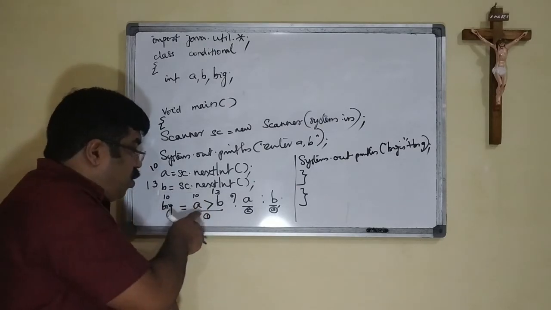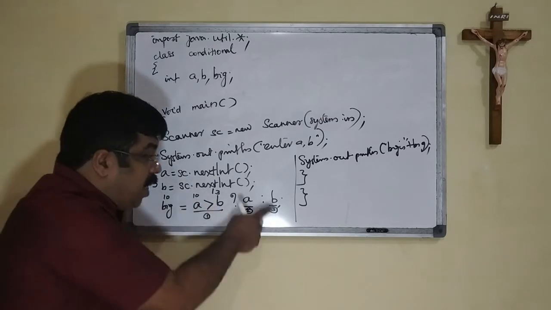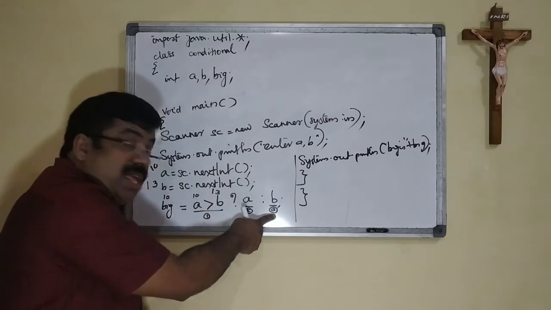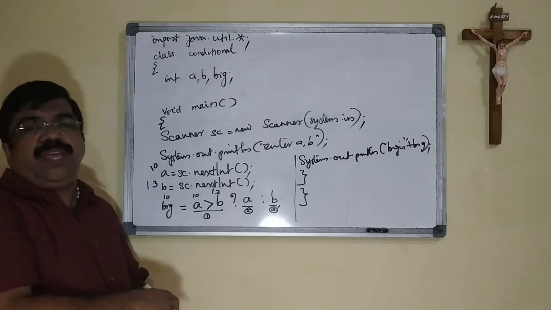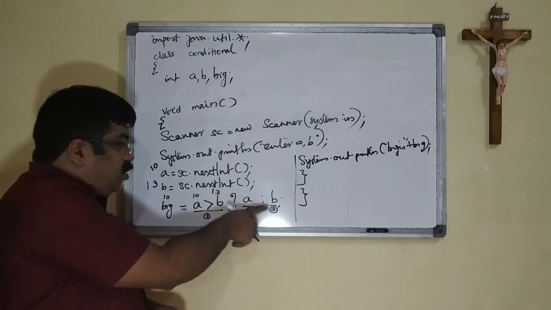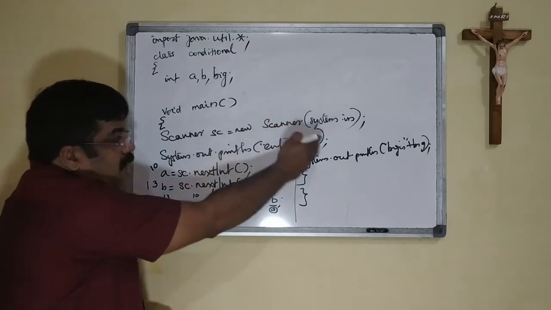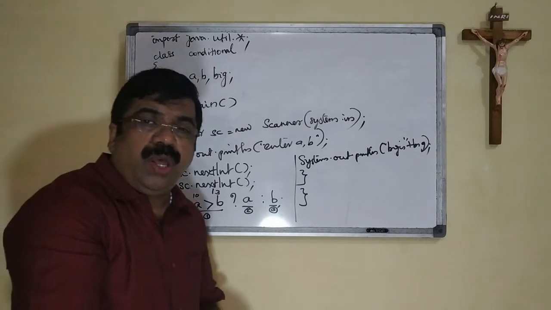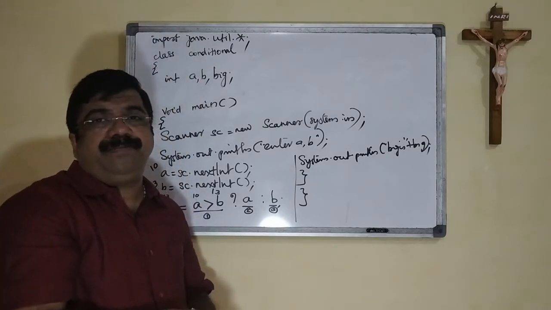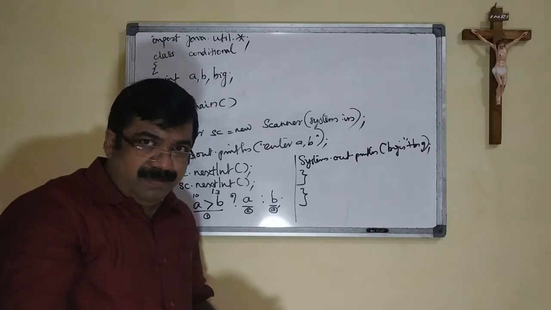Now, since the condition is evaluated to be false, expression 3 will be the result of the entire expression. So the 13 will come to the big and the 13 is printed. Is it clear? Okay.